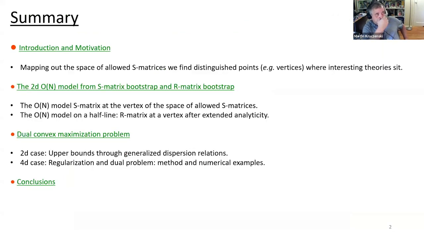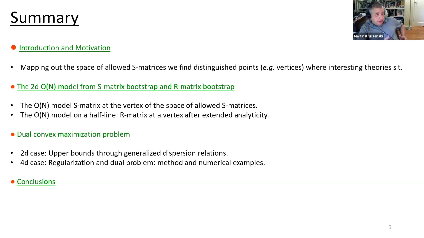First I'm going to give an introduction and motivation of the idea of this work. The general idea is to map the space of allowed scattering matrices that you can have in a field theory with certain symmetries, allowed by constraints given by unitarity, analyticity, and crossing, very generic constraints that have to be obeyed by the scattering matrix of any quantum field theory.